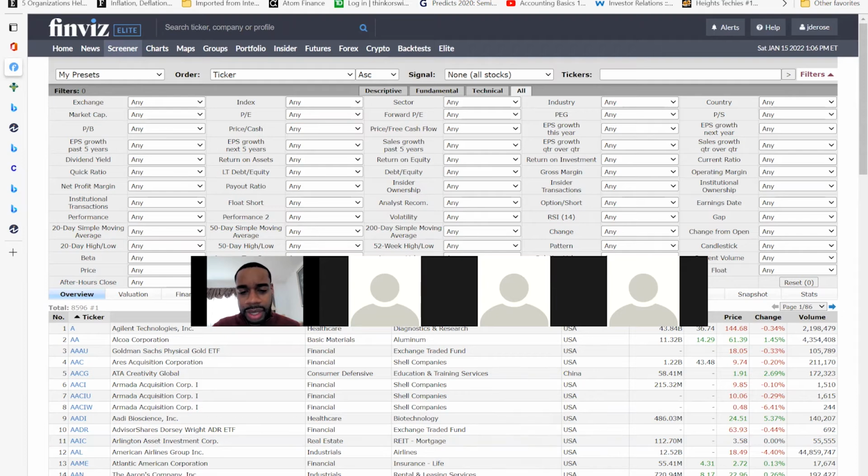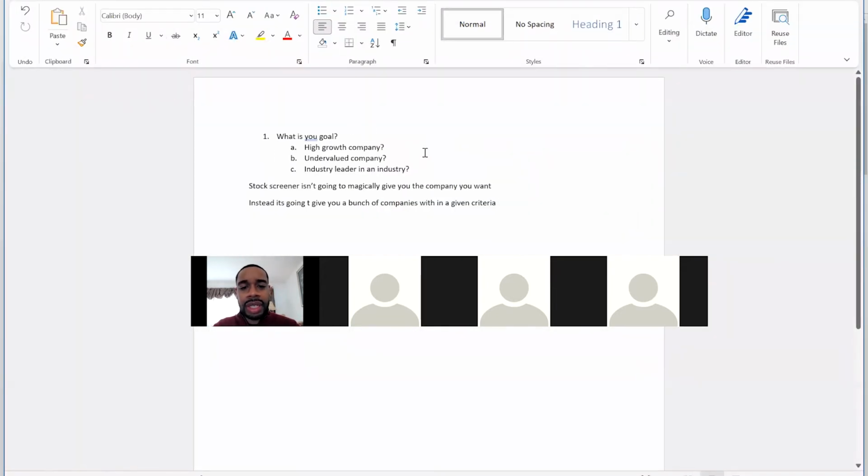So with that being said, when you're using a stock screener, it's not going to give you that one company you're looking for, right? You want to start with, what is your goal? What are you looking for? Are you looking for a high growth company? An undervalued company? An industry leader?